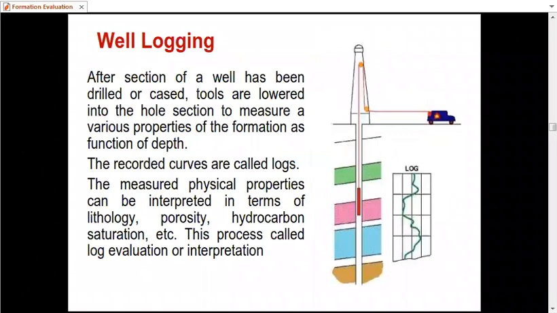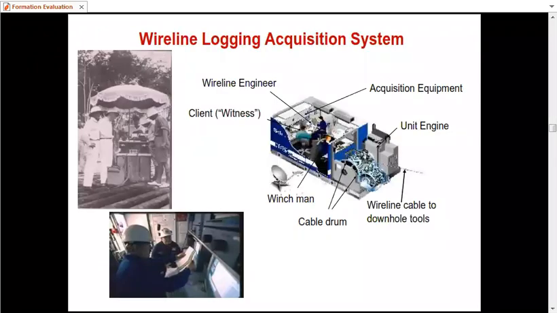Also, we talked about the well logging process, and well logging is classified into two types, open hole logs and cased hole logs. And in day 1, we talked about the wireline logging acquisition system or wireline unit, and which components make up the wireline logging acquisition system.